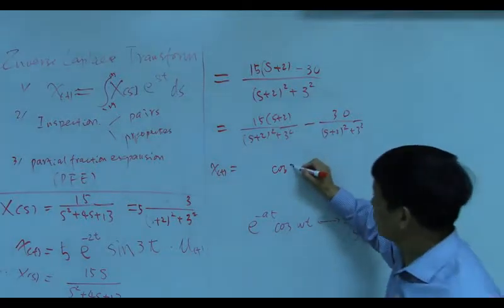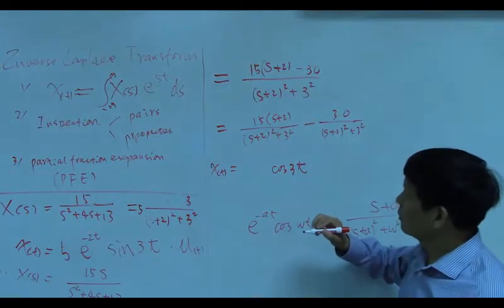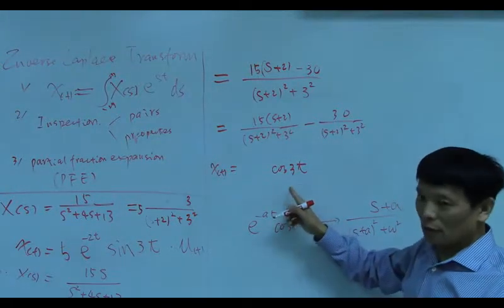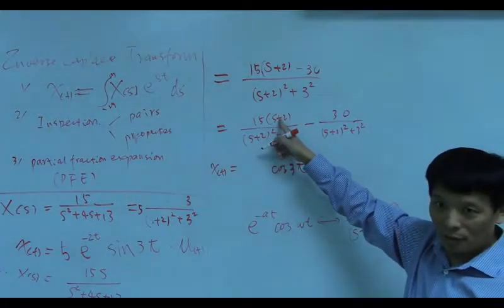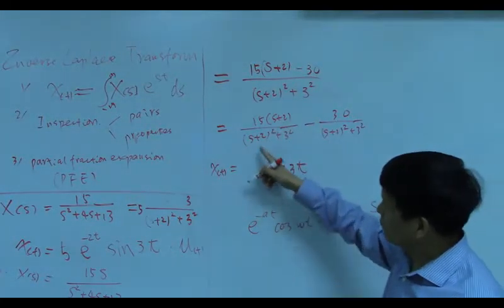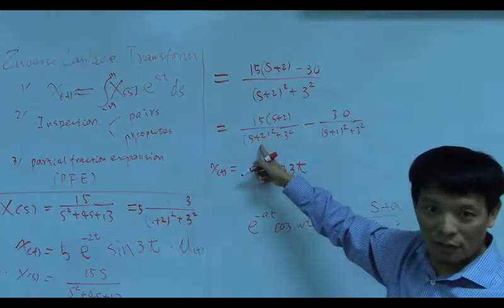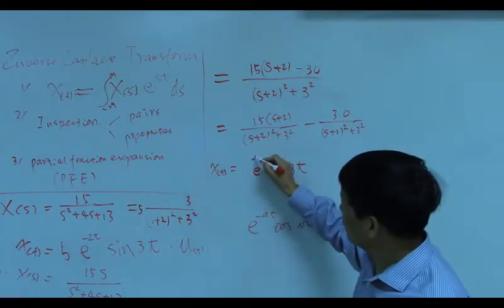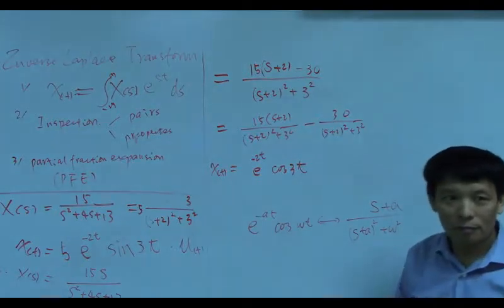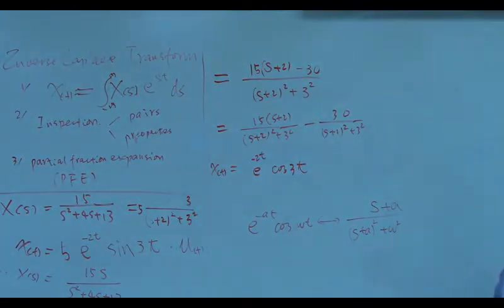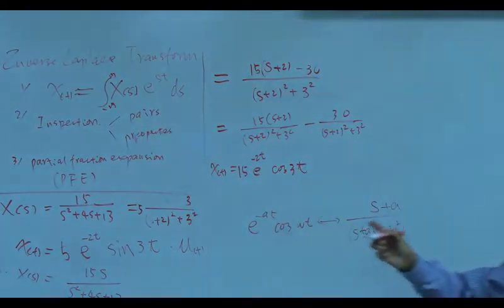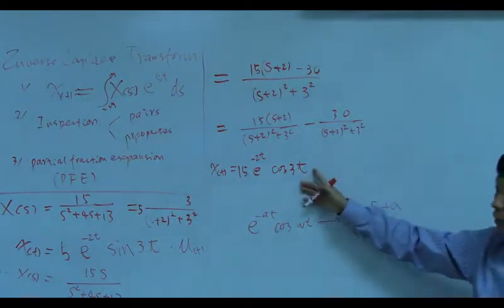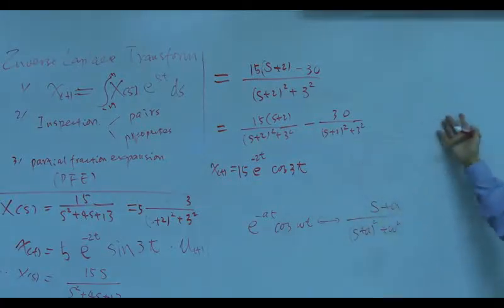This is omega, right? Okay, cosine 3t. That gives us s over s squared plus 3 squared on the top. But we have something here, so how to deal with this? That will be e to the power of negative 2t times 15. Everybody is good with this? Definitely we need to multiply by u(t), but we have this term both here, so I leave this to the end.